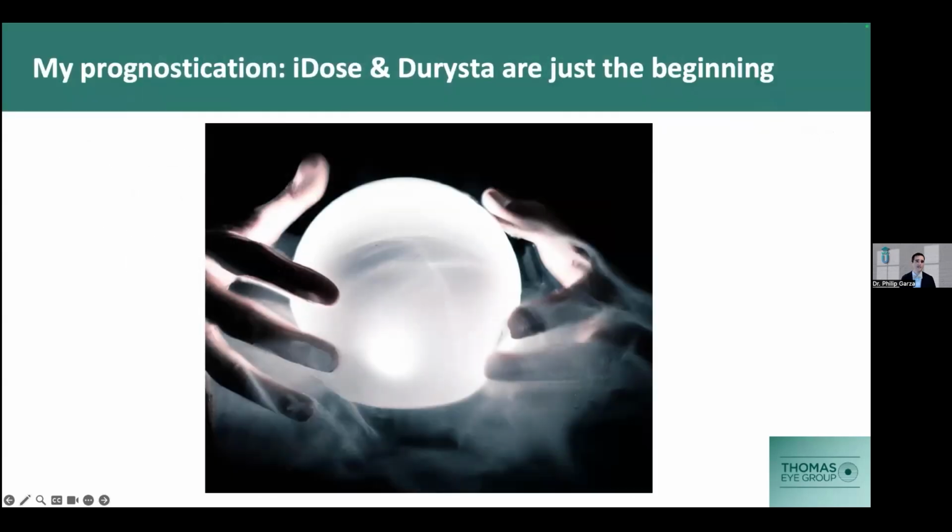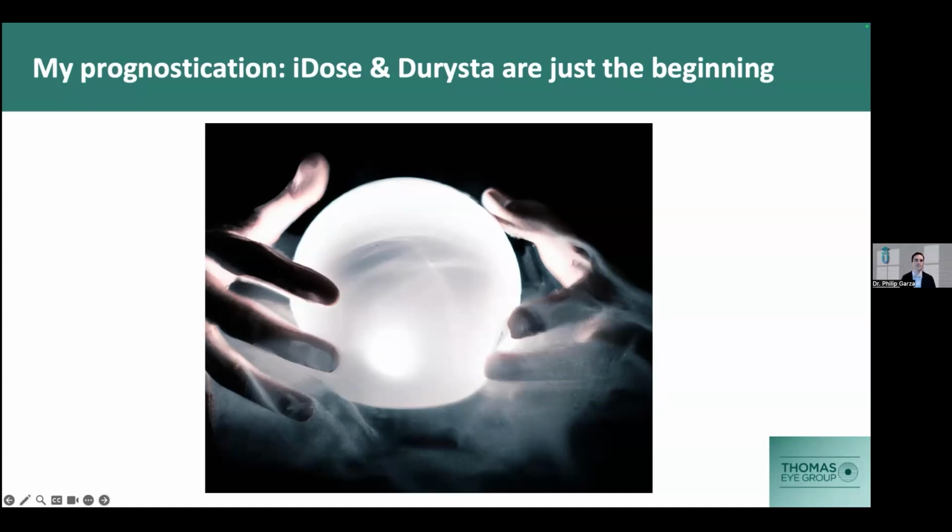My prognostication about iDose and Durysta is that they are just the beginning. I think the future of this is that we're going to have devices and implants that elute multiple drugs. I can imagine a future in which we start a patient with one injectable pellet, or a device, and we say, oh, well, your pressure isn't quite good enough on this one medication, or you're progressing after a period where you were stable.